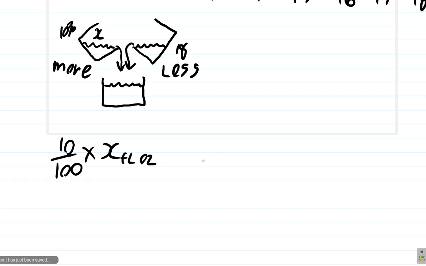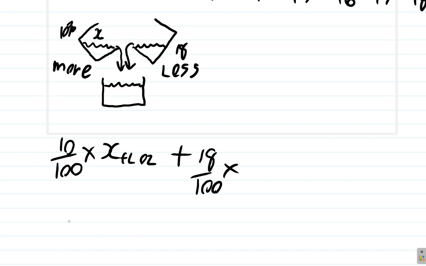We don't know how much it is. Plus, we're going to add 18% of the remainder. But remember now that the X, the amount of 10% plus the amount of 18% will add up to 300.